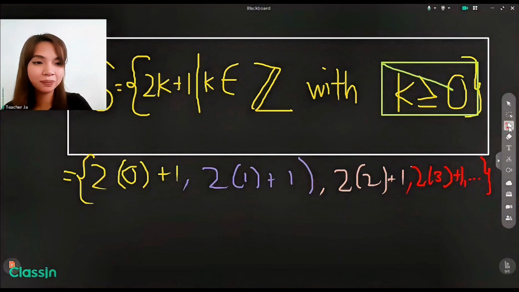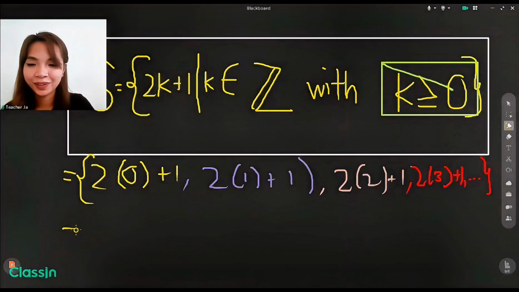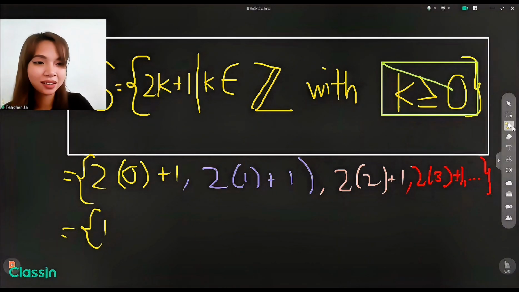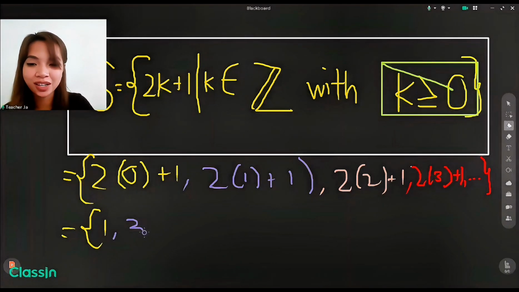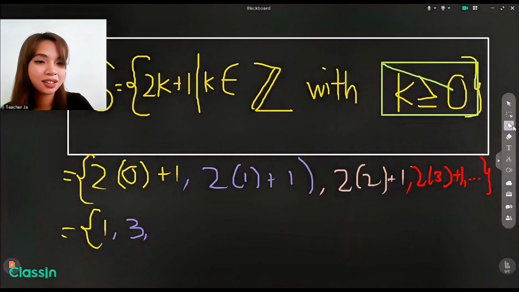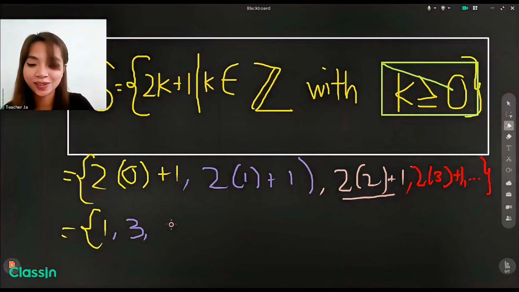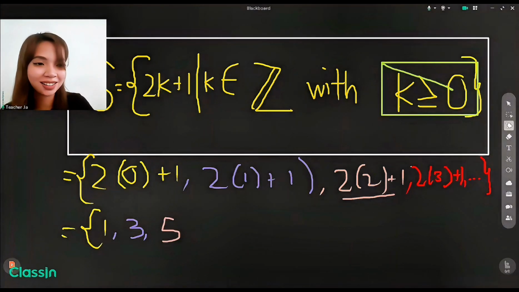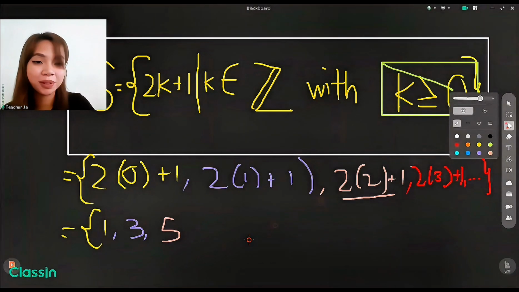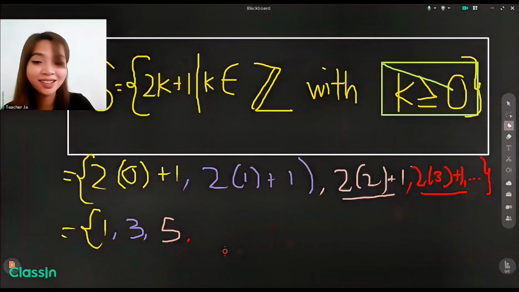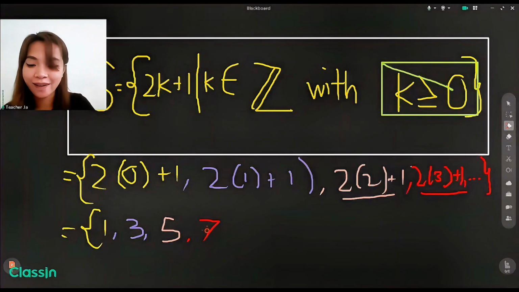With that, you will now have 2 times 0 plus 1 equal to 1. Next, 2 times 1 plus 1 is equal to 3. The next number, 2 times 2 plus 1, is equal to 5. And the last, 2 times 3 plus 1, is equal to 7, and so on and so forth.